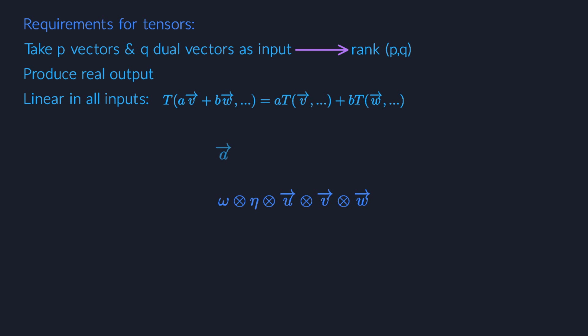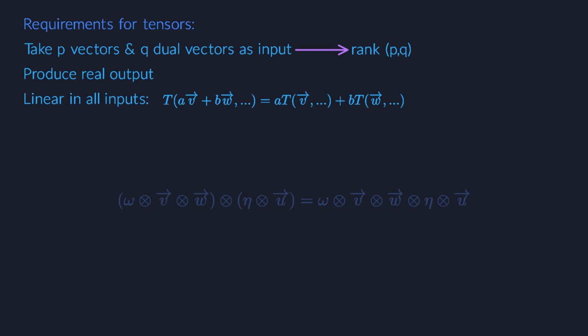If the input is a vector, we pass it to one of our internal dual vectors, and together they produce a real number. If the input is a dual vector, we pass it to an internal vector, and out pops another real number. At the end, all those real numbers just get multiplied into the final result.